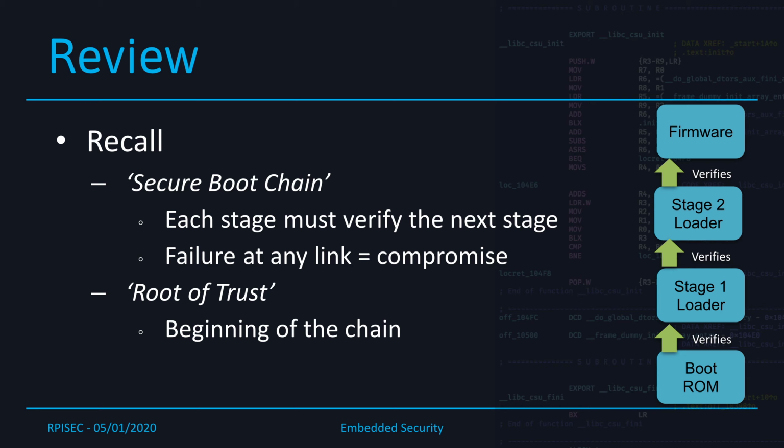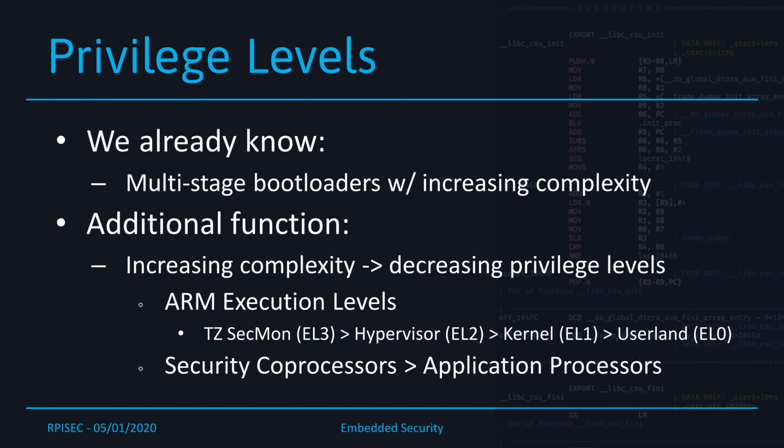And so the chain needs to have a beginning, and the beginning is going to be our root of trust. In almost all cases, this is the boot ROM of, if not the primary processor, the boot ROM of some processor in multiprocessor systems.